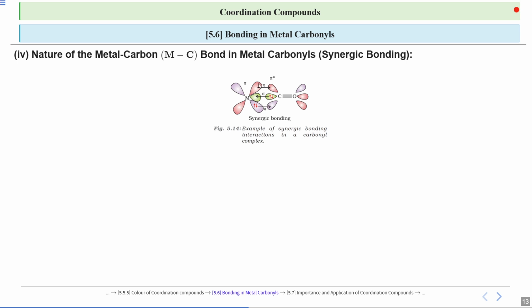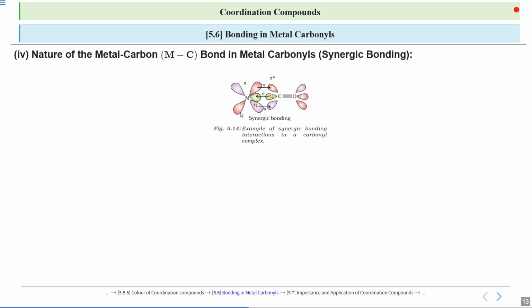How? Through the donation of electrons from the filled d orbital. This is the orbital which is filled, having some electrons. These electrons in the filled d orbitals of the metal are donated to the vacant anti-bonding, that is pi star, orbital of carbon monoxide or carbonyl, due to which a pi bond is formed between the metal and the carbonyl.